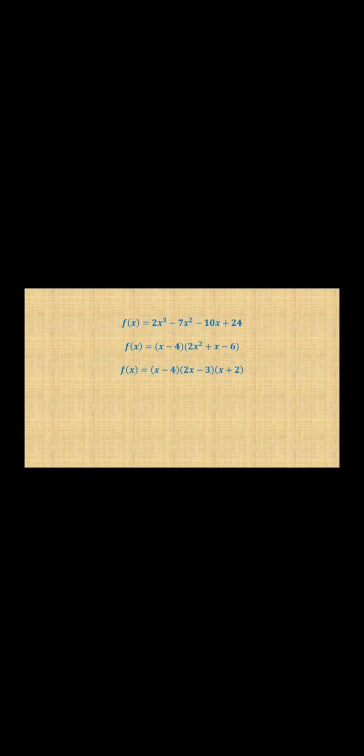Or you can use the quadratic formula to determine the zeros. The zeros of the function, where f of x equals 0, are the x-intercepts of the graph at x equals 4, 3 over 2, and negative 2.